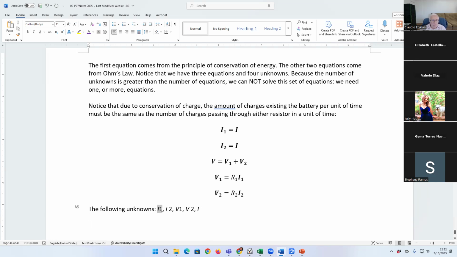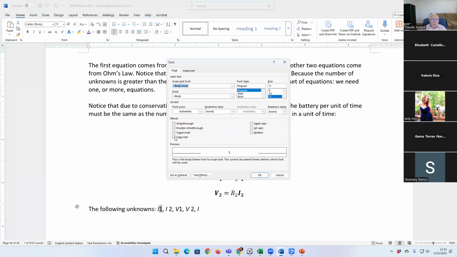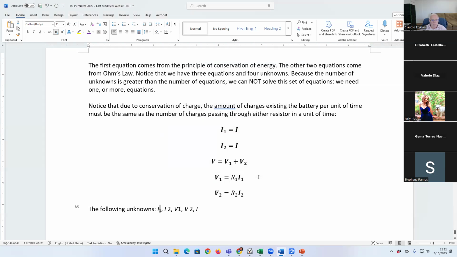And then we have subscripts. I1 goes here, I1 goes here too. And I'm going to place I1 here, but then I'm going to erase it and make it I2.